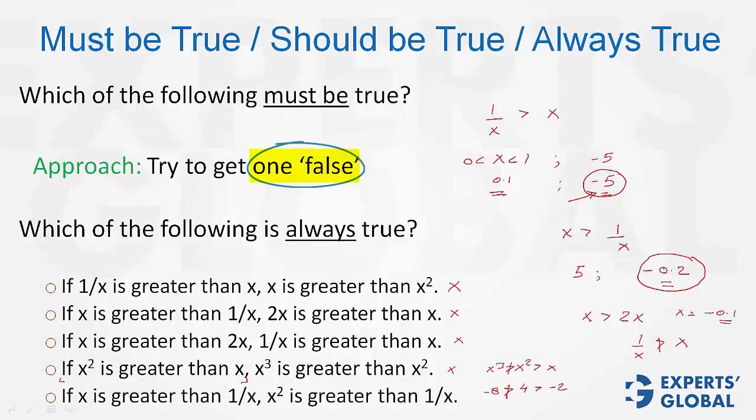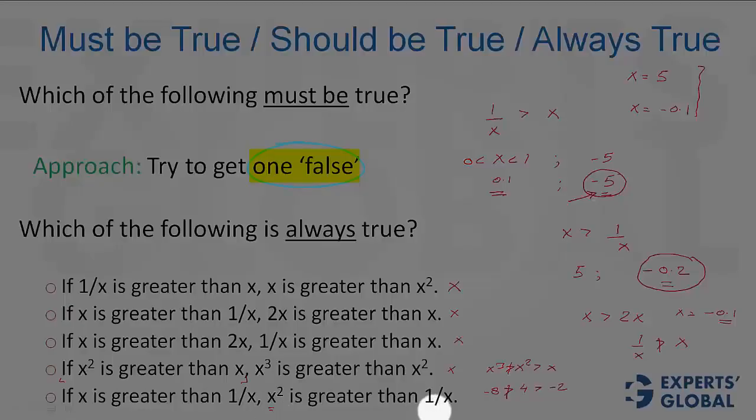Let's look at the fifth one now. X is greater than 1 divided by x. When is this possible? When either x is a big positive value, such as x equals 5, then x is greater than 1 divided by x, or x is a small negative value, say something like negative 0.1. See, x is going to be greater than 1 divided by x, as 1 divided by x will become a big negative number, and in both the cases, this is going to hold.